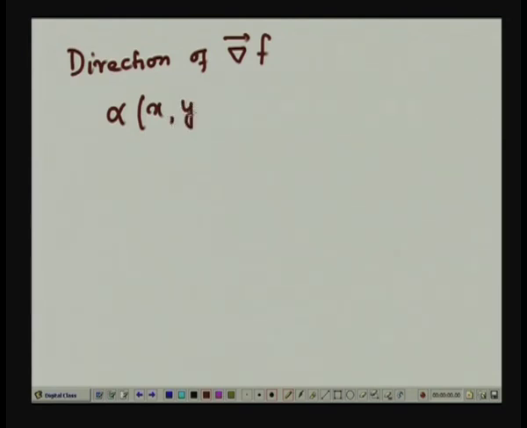So, we have to compute the direction of the gradient vector f, and the direction of gradient vector f at location (x,y) we can write as alpha(x,y) equal to tan inverse of g_y by g_x, where g_y, as we have said, is the gradient in the y direction and g_x is the gradient in the x direction.